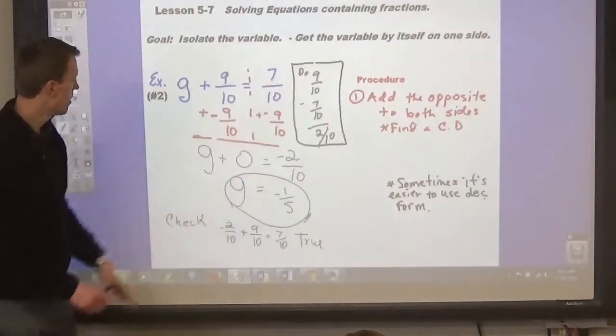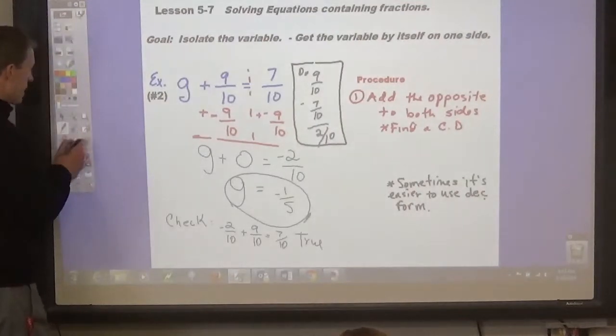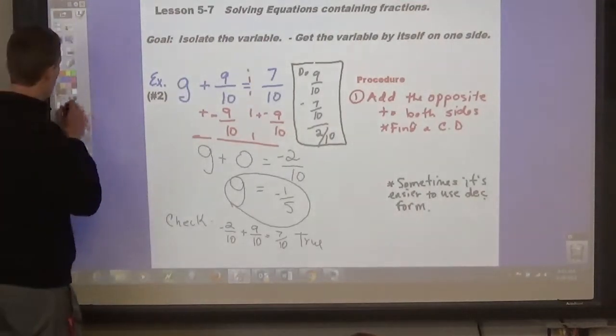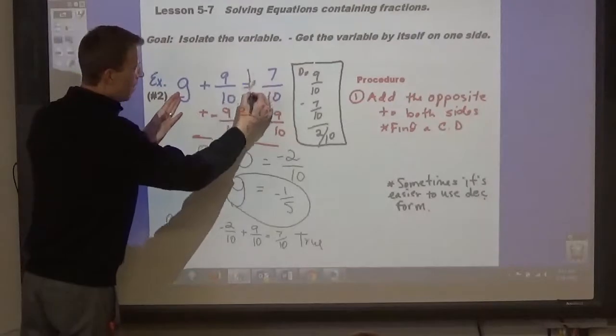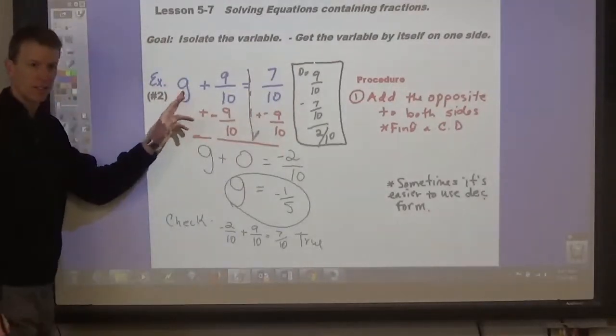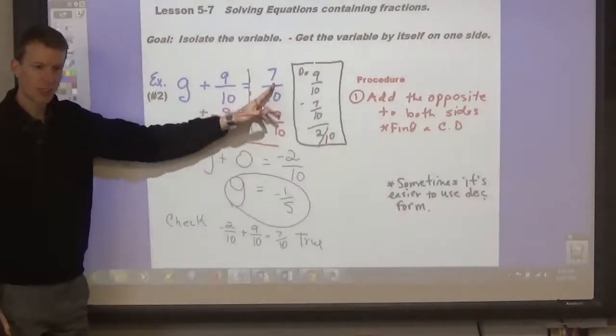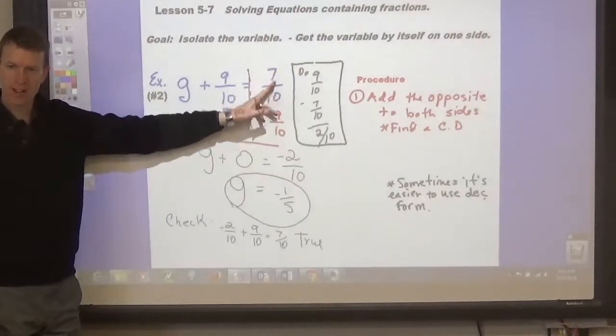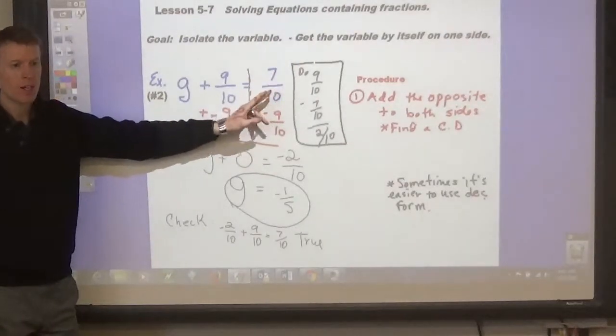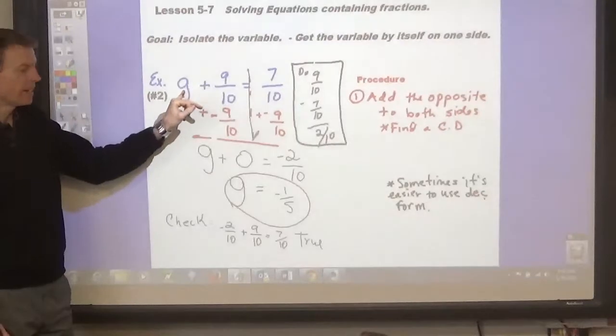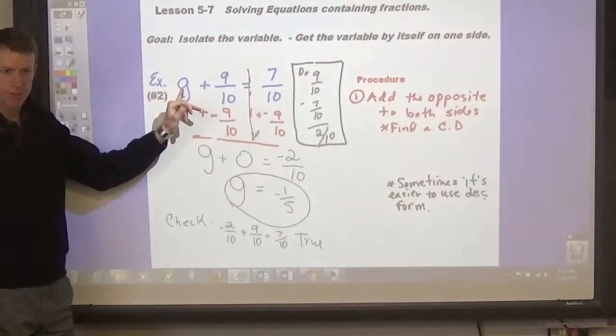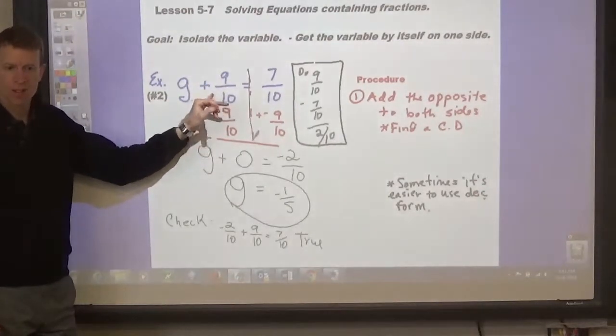First, you have to think of this equation as having two sides. The left side of the equation has the variable on it, and the right side just has the number, just has this fraction. So what you have to do is, you have to get the variable by itself. You have to eliminate 9/10 on the left side.